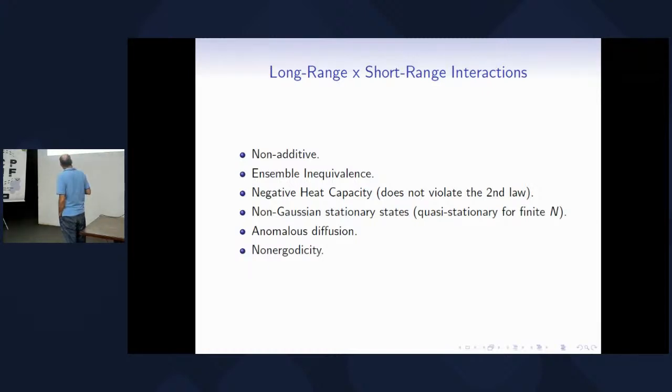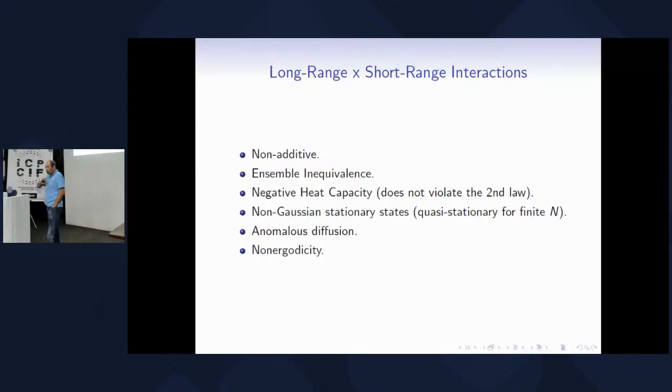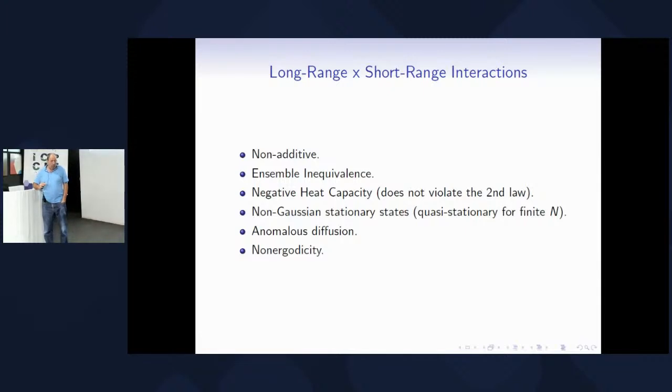But in particular, we can have a negative heat capacity. And this does not violate the second law of thermodynamics. Thermodynamics is always valid here. But how can I have a negative heat capacity? Well, a very simple example, before I show something more interesting: if you take a satellite orbiting the Earth and give some energy to the satellite, it will go to an upper orbit, but the kinetic energy is smaller.